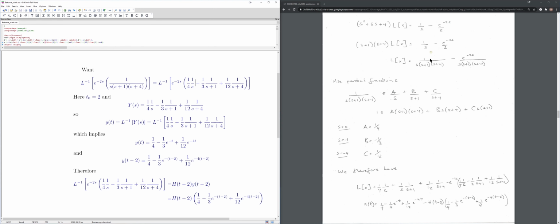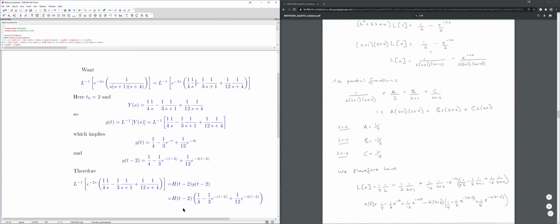To take the Laplace inverse of this, you use linearity to take the Laplace inverse of the first fraction here, and the first fraction itself you're going to split into partial fractions. And for this second fraction over here, you're going to use the t-shift formula to work this out. And the working for the t-shift formula is over here.